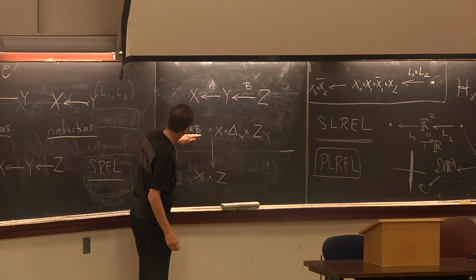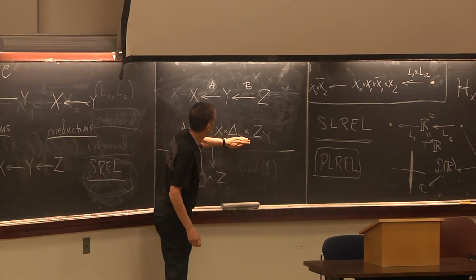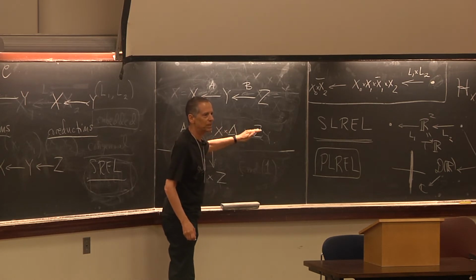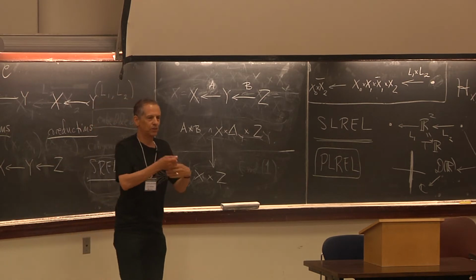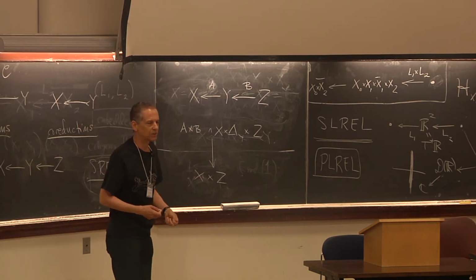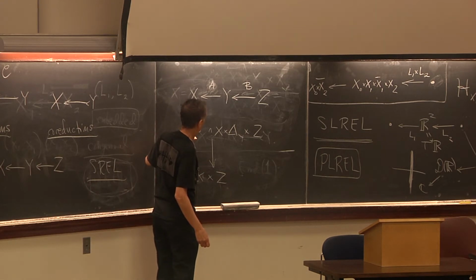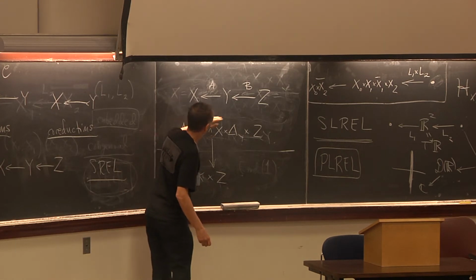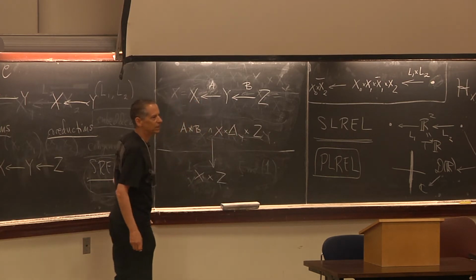In other words, the direct sum of this space and this might not be the entire X cross Y cross Y cross Z. So we measure that discrepancy by the difference in dimensions of those two spaces, or better, the dimension of the quotient of the full product by the direct sum of those two spaces.